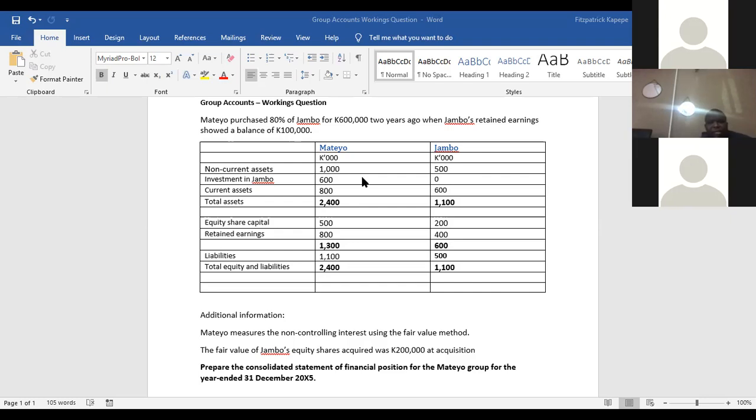We start with report date. The share capital is 200,000. Then at acquisition, share capital is 100,000.